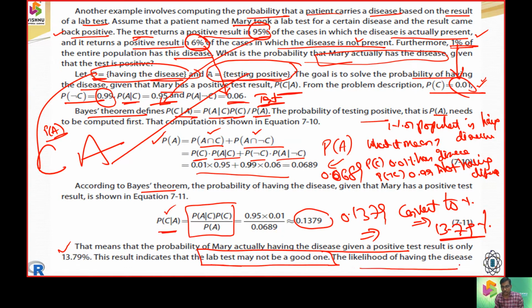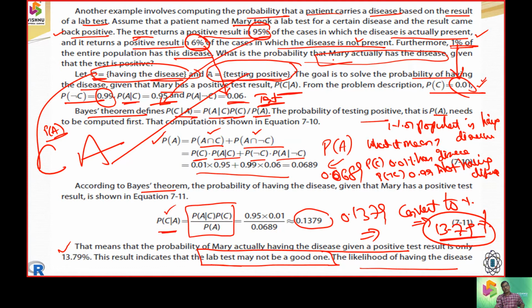So the likelihood of the disease being present for that person is low. In this way, we compute the probability. What is this answer telling us? That there is a problem in the lab report, because 95% it classifies correctly, but 6% it misclassifies.